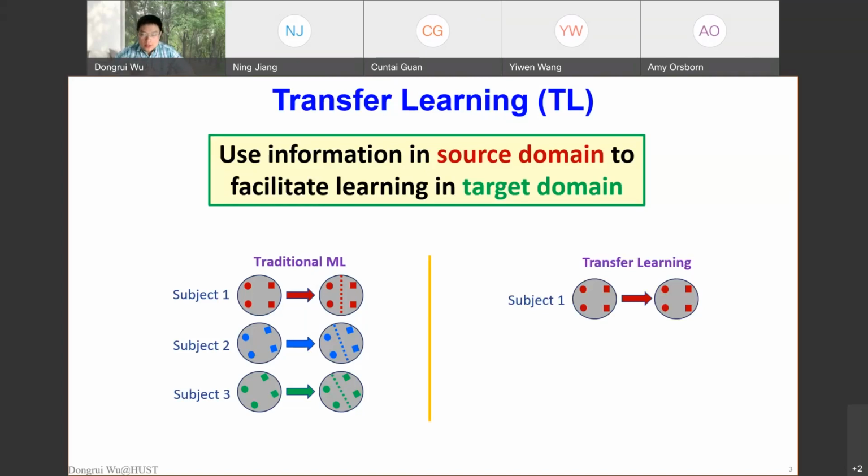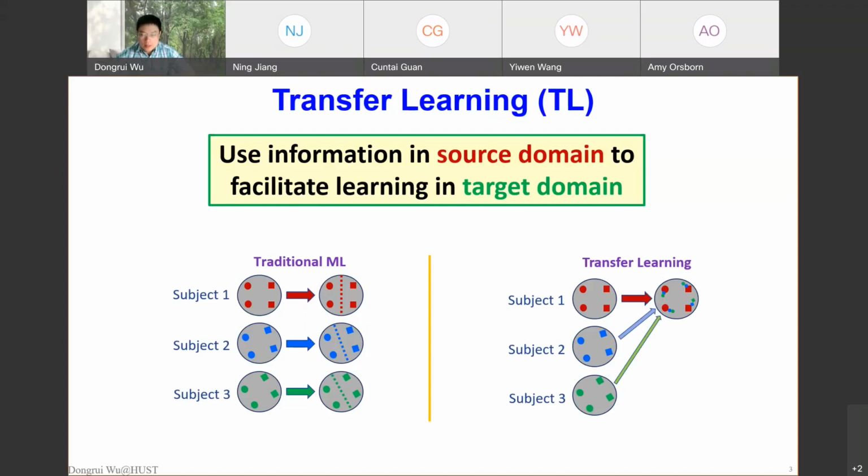Transfer learning uses a different idea. Say now we are considering subject 1. In addition to the data from subject 1 himself, we also make use of data from subjects 2 and 3. But due to individual differences, the data from subjects 2 and 3 are not completely consistent with those from subject 1.